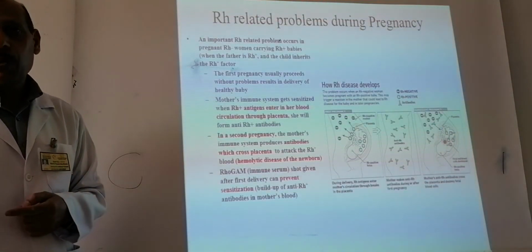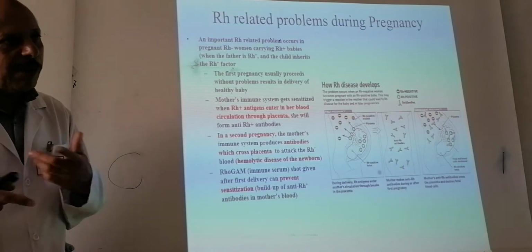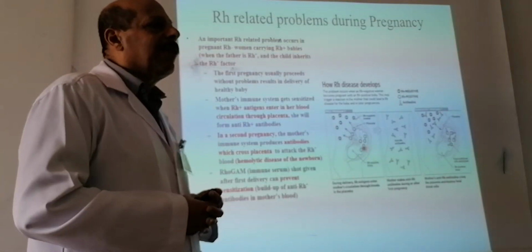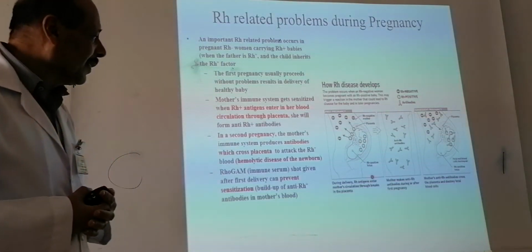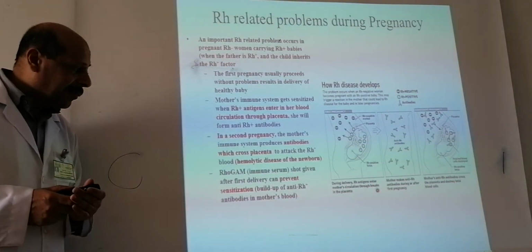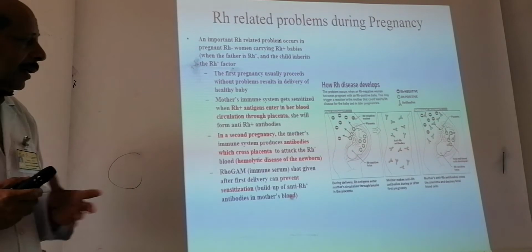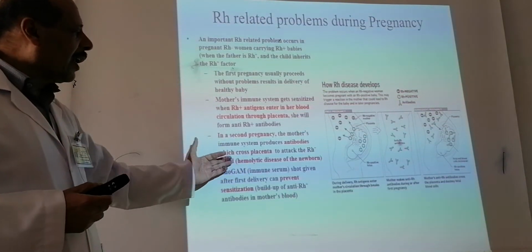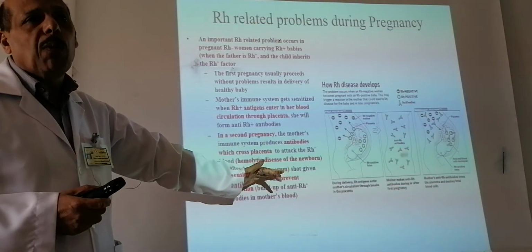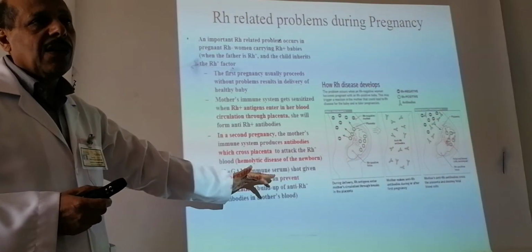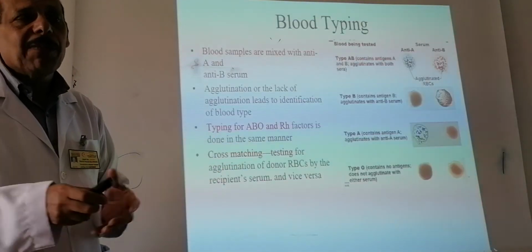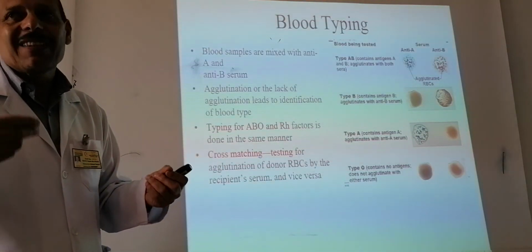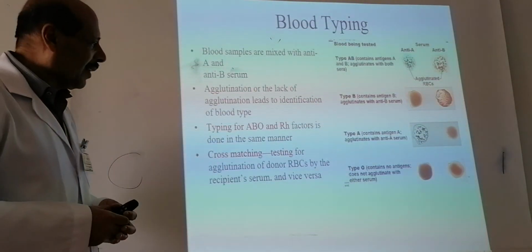Did you understand this point? Yes. You will come across this point also in pediatrics and maternity later. So this will lead to what we call hemolytic disease of the newborn. Hemolytic means hemolysis of the blood. That means the blood cells will be destroyed.